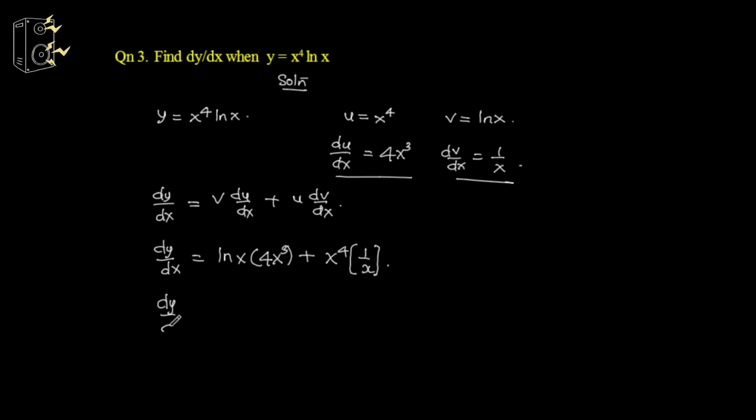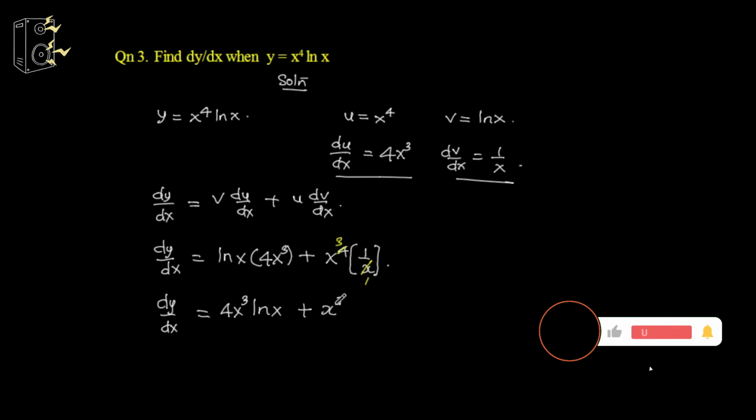And then we can go ahead and simplify this. So dy by dx equals, now let me bring this in front of this ln x, so we have 4x cubed ln x plus, now one of these x will cancel, so x here goes to 1, and this one will go to 3, and this x raised to power 3 will multiply 1, so we get here x raised to power 3.